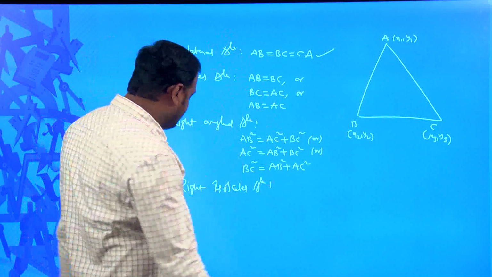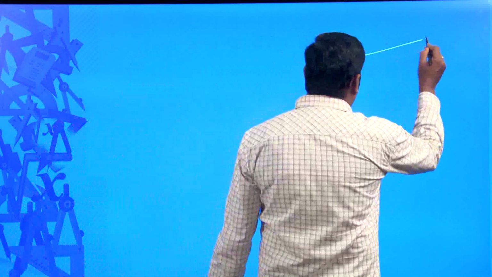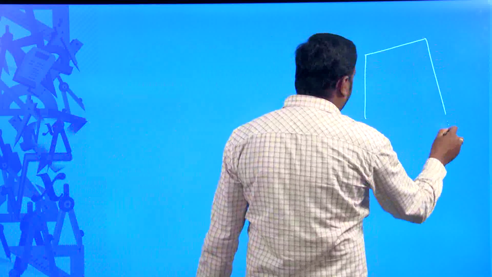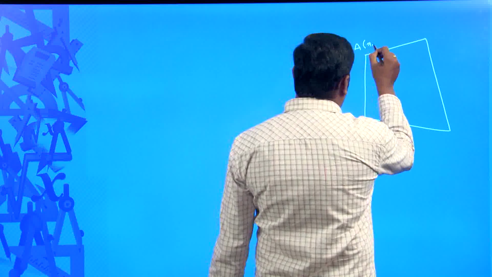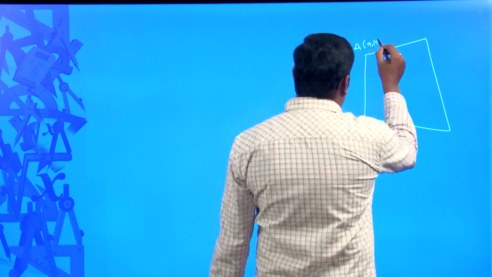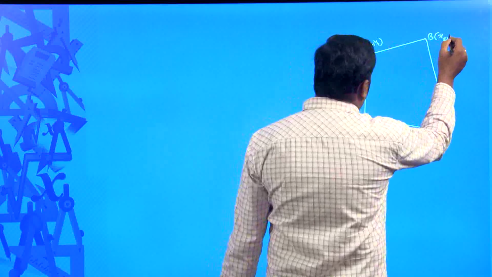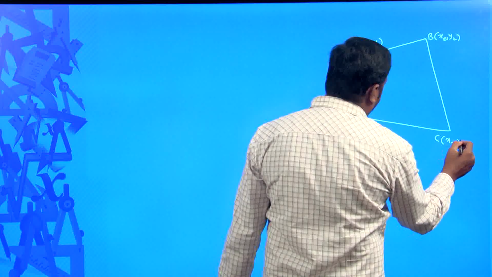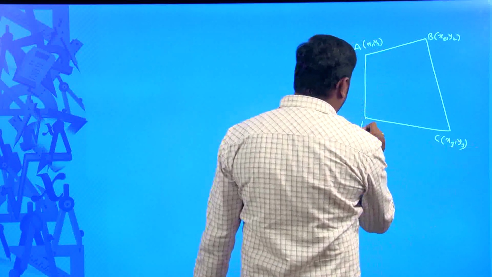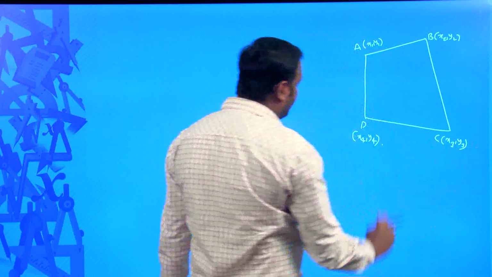For example, if you are given 4 vertices and you are asked to verify whether those 4 vertices are the vertices of, see, for example, this is a quadrilateral, A (x1, y1), B (x2, y2), C (x3, y3), D (x4, y4).